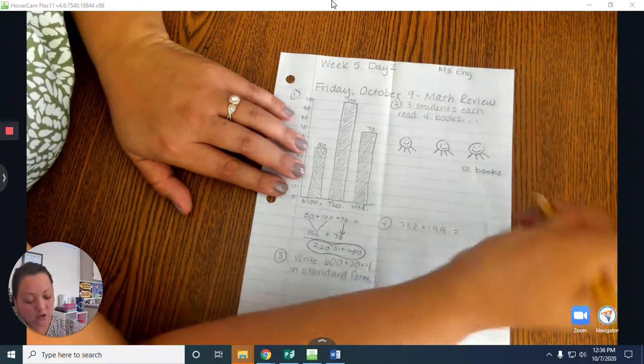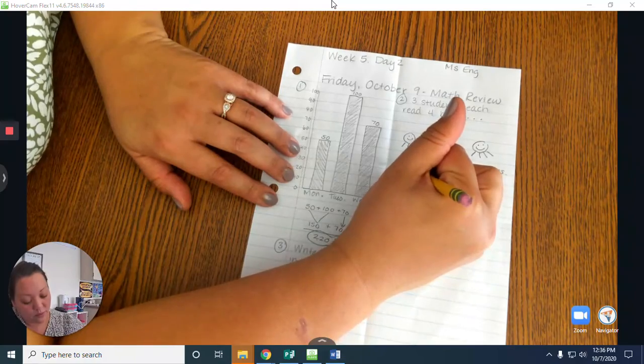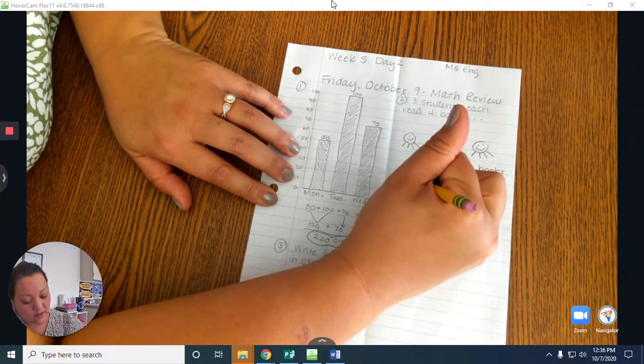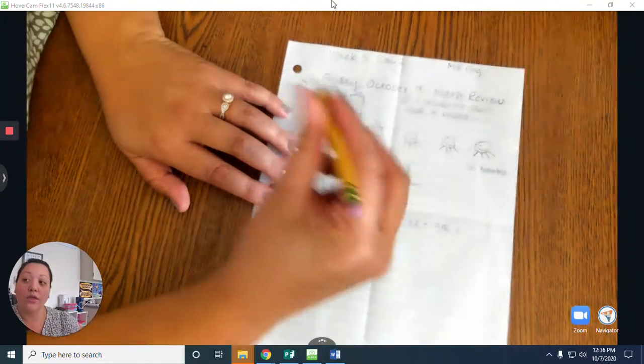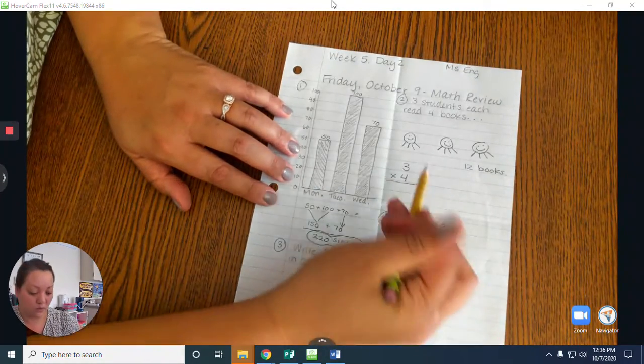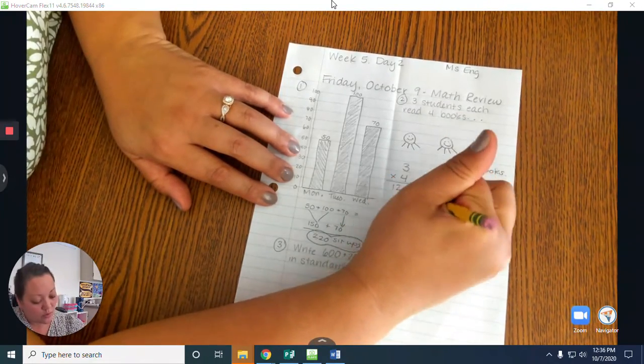And maybe you realize that this is a multiplication problem. So if you have 3 students and they have 4 books apiece, 3 times 4, or 3 groups of 4, so 3, 1, 2, 3 groups of 4, is 12 books.